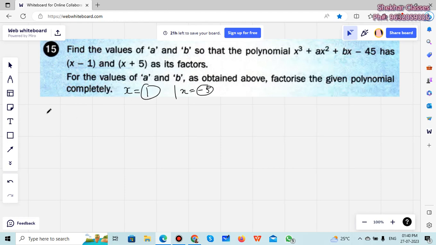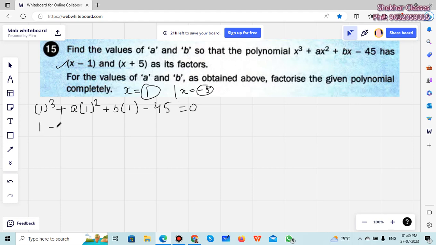Let's see. So what is that? It will be 1 cube plus a times 1 square plus b times 1 minus 45, and that should give you 0. Why? Because this is a factor.